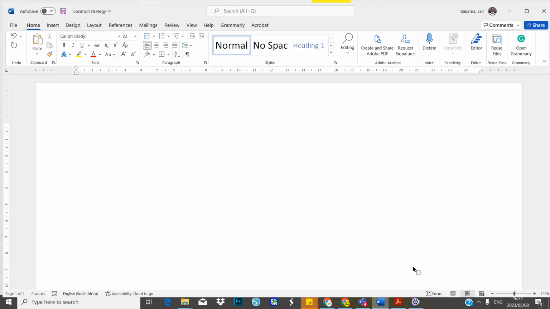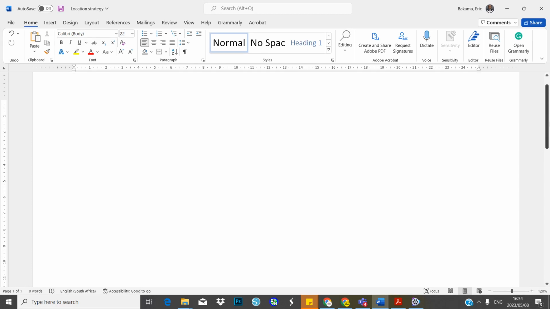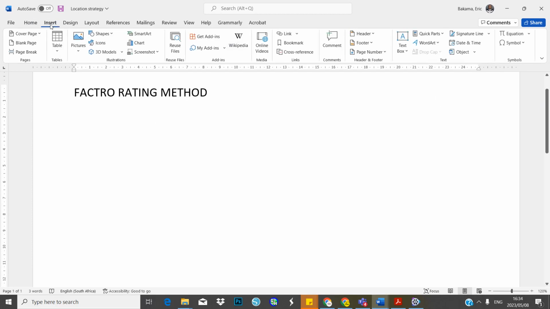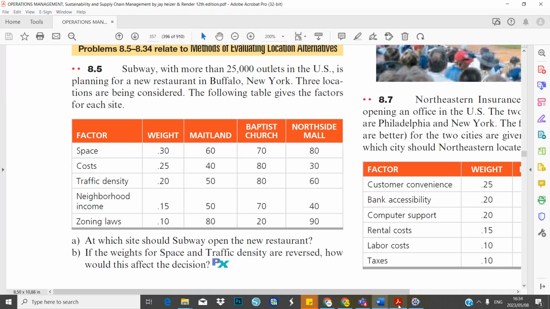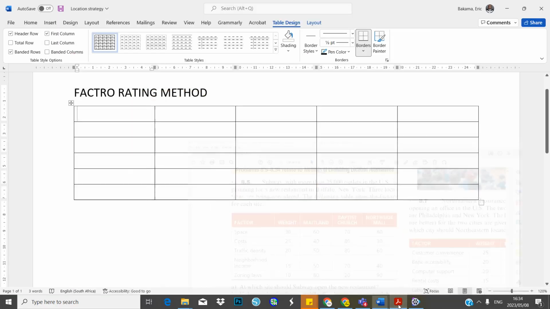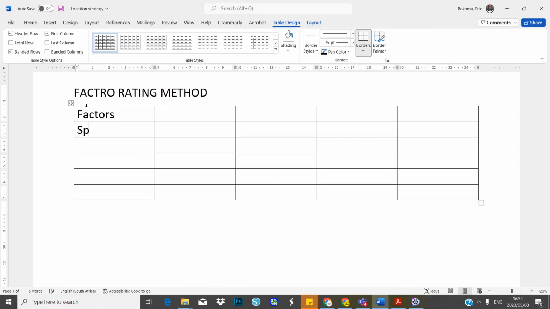Now, let me go back to what I'm going to call the factor rating method. In this case, the very first thing that one does is extract the data from the book first. And in this case, we are looking at the factors first. So these are the factors, and one of the first factors is space.